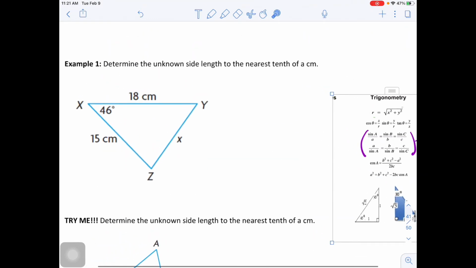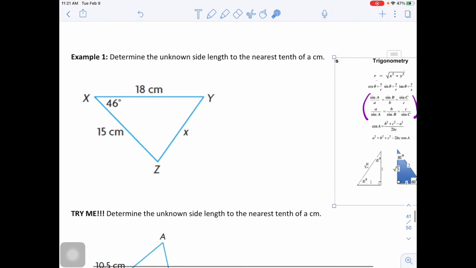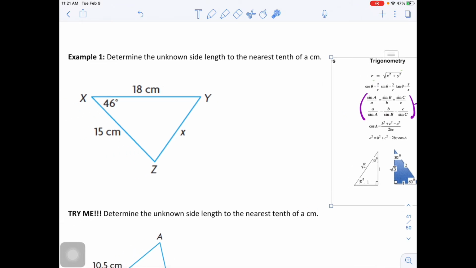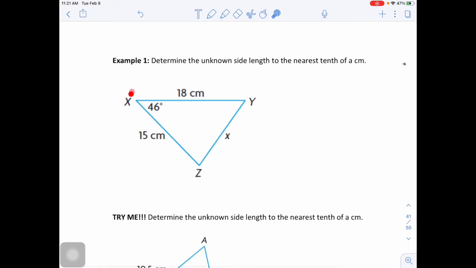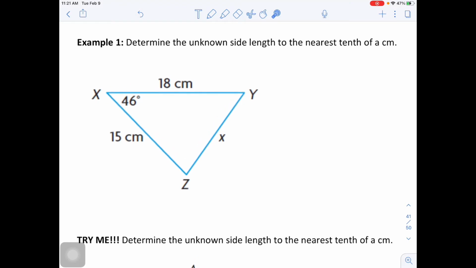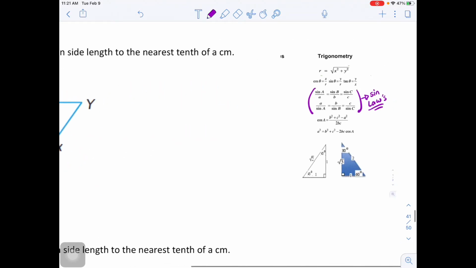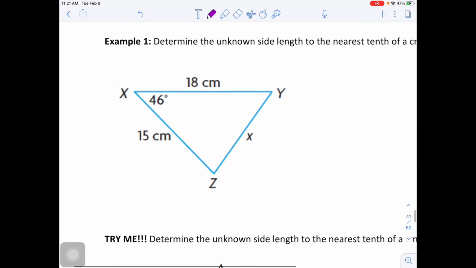So example 1 here. Determine the unknown side length to the nearest tenth of a centimeter. So notice this is a great example because these are all different letters, which is kind of a pain. Let's change these so it matches our cosine law.